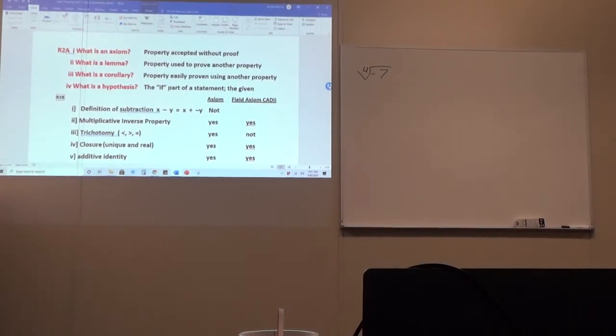Again, we don't spend as much time in our Algebra 2 class on those things because we're not doing proofs. If you remember chapter 3 in Algebra 1, we went through it very quickly, where that's a long chapter to get through. I didn't even know what a lemma was. I didn't know it existed. See, I always call those axioms, but an axiom is accepted and it's used to prove another property. Right, corollary I didn't know, and hypothesis.